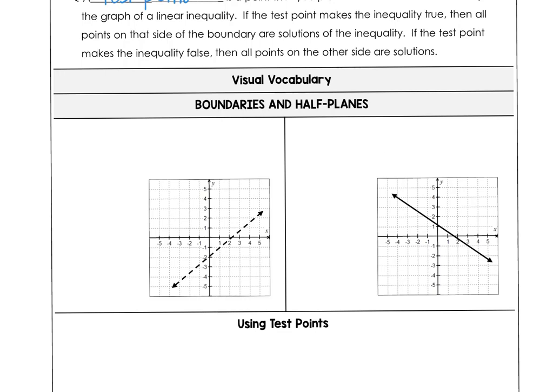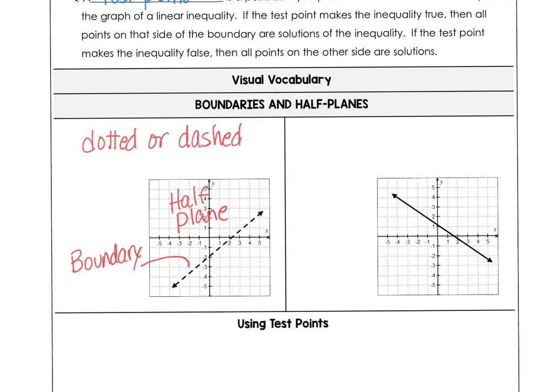Here you can see that I have a boundary, which is a dotted line here. So this is my boundary line. And I have a half plane here and a half plane on the other side of the boundary line. When you have a greater than sign or a less than sign, we're going to draw a dotted or a dashed boundary line.